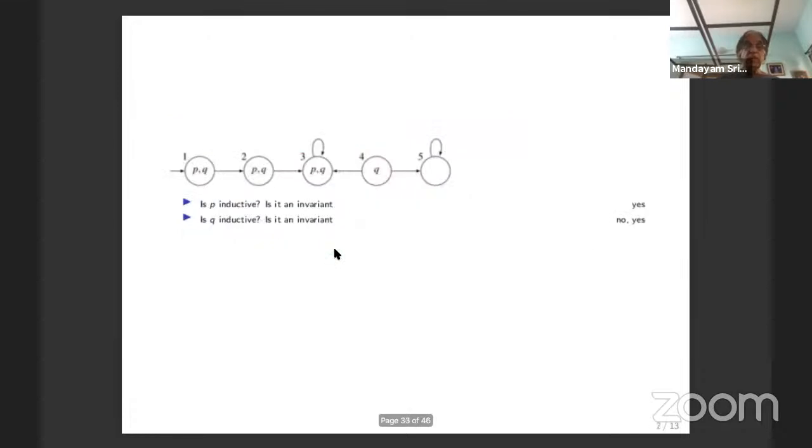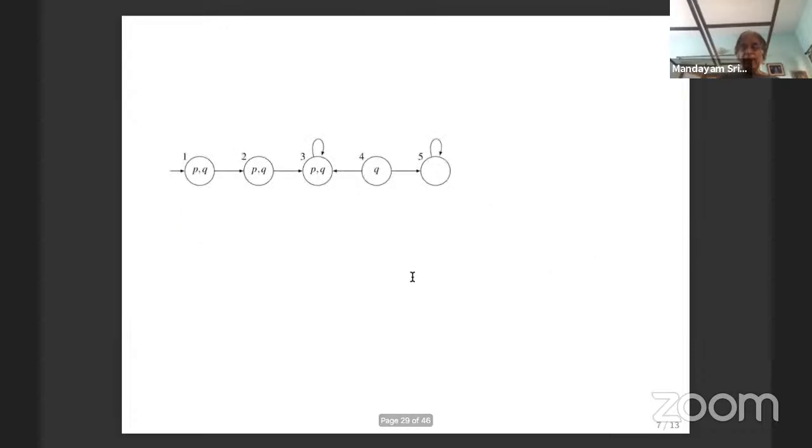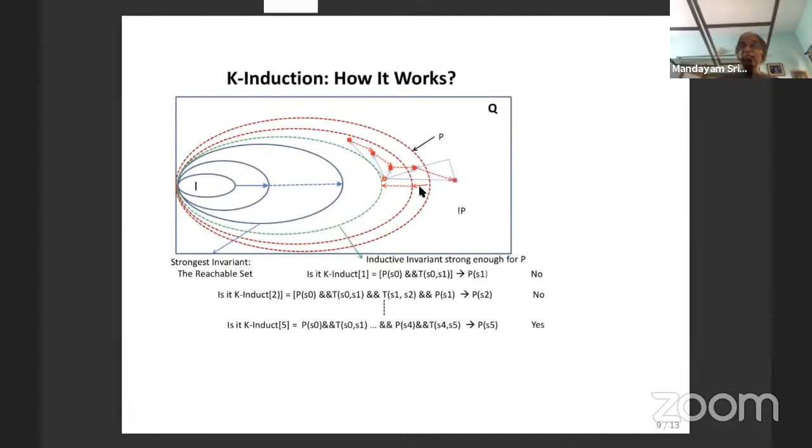Okay, this theorem that I said: the K inductiveness check is a sufficient condition to guarantee the existence of a one-inductive invariant. And that one-inductive invariant is exactly, as this picture indicates, what you get by computing AG of P. It's exactly that.